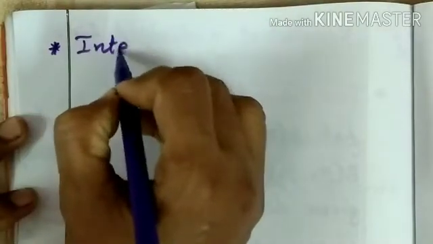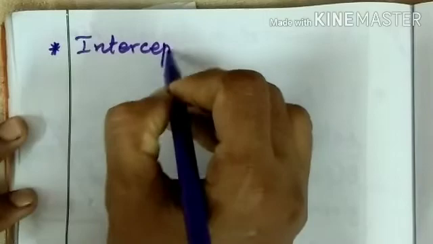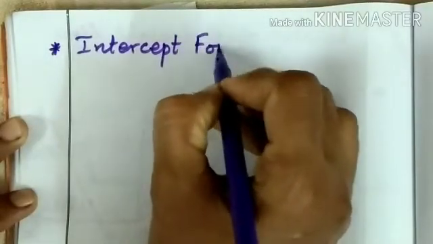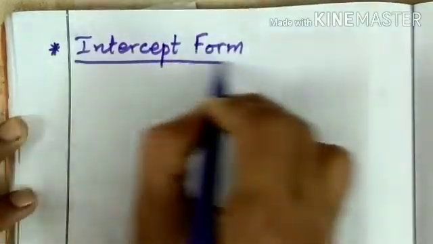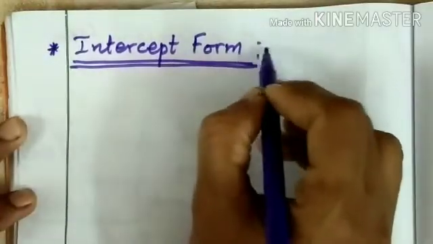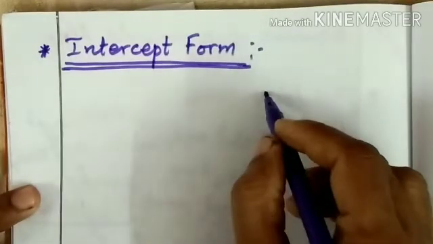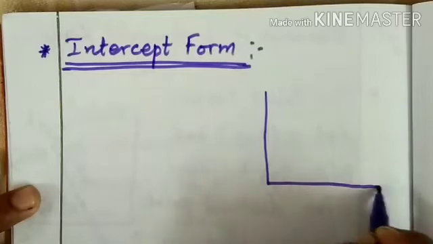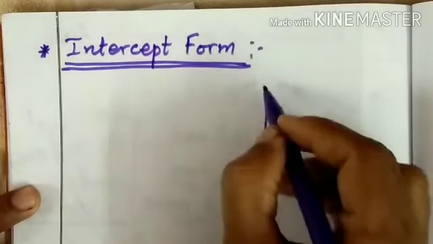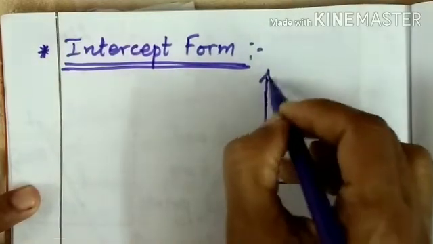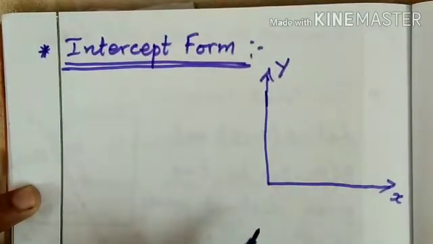Now, let us see the fourth heading, intercept form. First you draw the first quadrant, x-axis, y-axis.